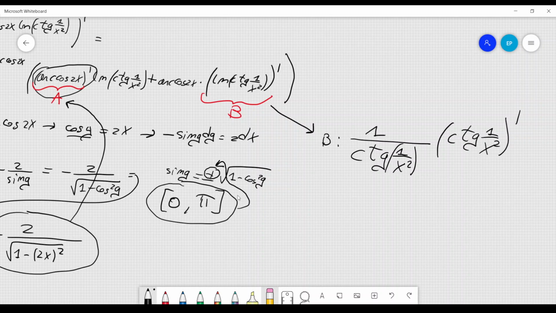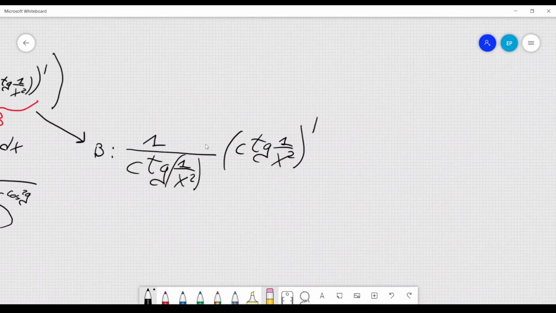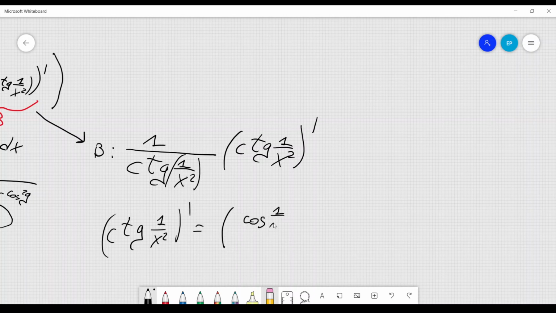So how do we calculate the derivative of this? In order to find the result, we have to replace this derivative here. So let me do it below. The derivative of the cotangent of 1 over x squared is equal to the derivative of the cosine of 1 over x squared divided by the sine of 1 over x squared.